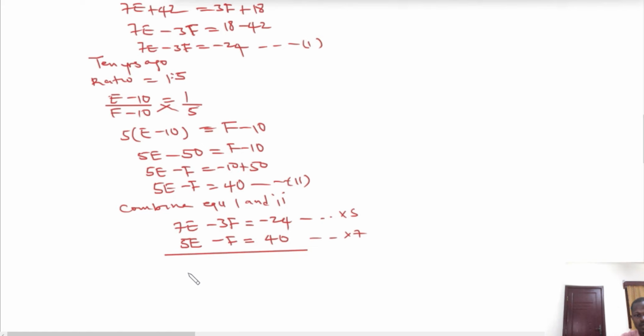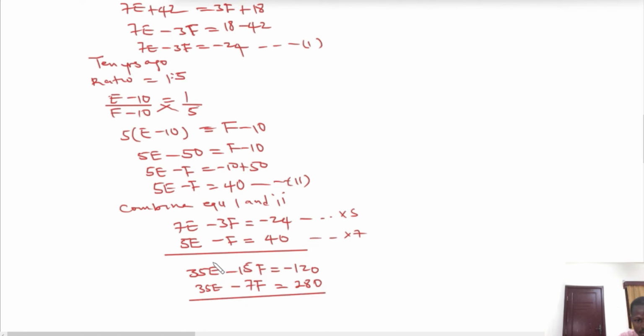5 times 7, 35E. 5 times 3 is 15F is equal to 5 times minus 24, which is minus 120. We come again, 7 times 5 is 35E minus 7 times F is 7F is equal to 7 times 40, which is 280. So let's set again a straight line.